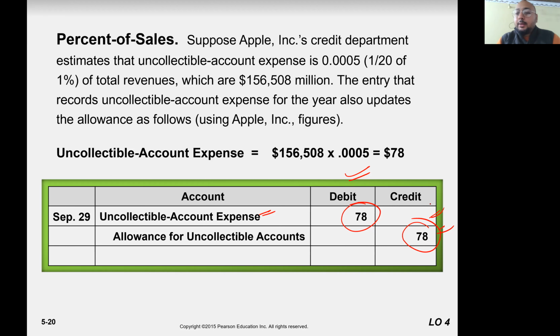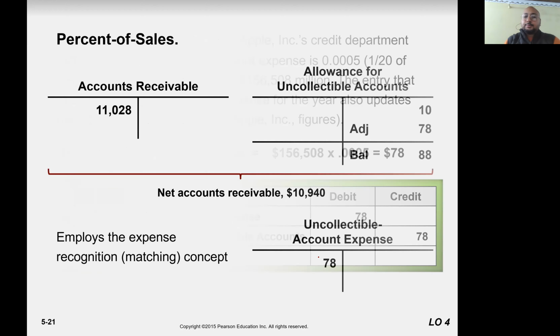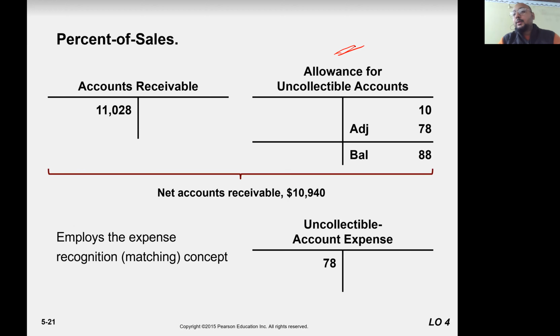All right. So we post this to our T accounts. We have a new adjustment that for the new sales of 156,508, this much is not going to be received, and the balance is 88 million that is not going to be received. And 78, this is the expense. This will go here.